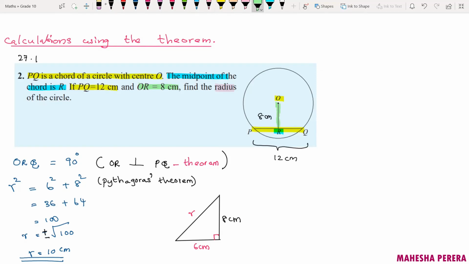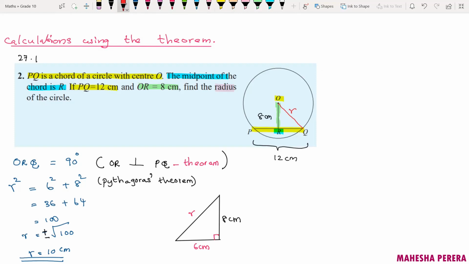They ask us to find the radius. Now, if I connect O and Q, isn't it the radius? This is our radius. So let's put a simple R here. We need to find the length of our radius.